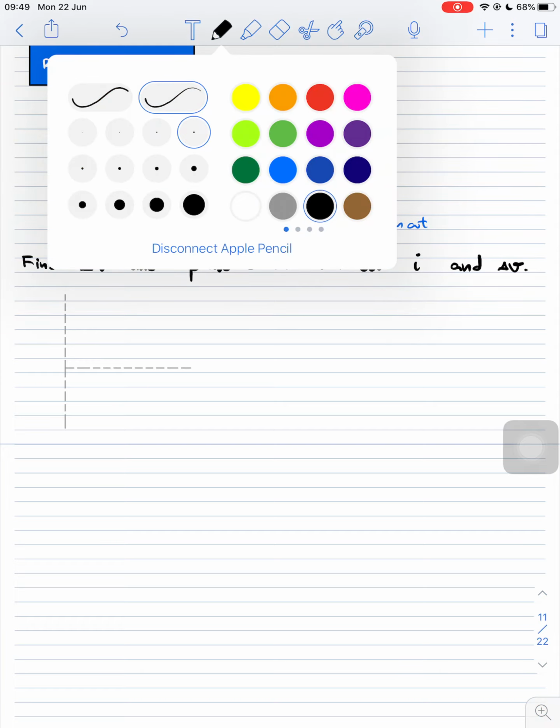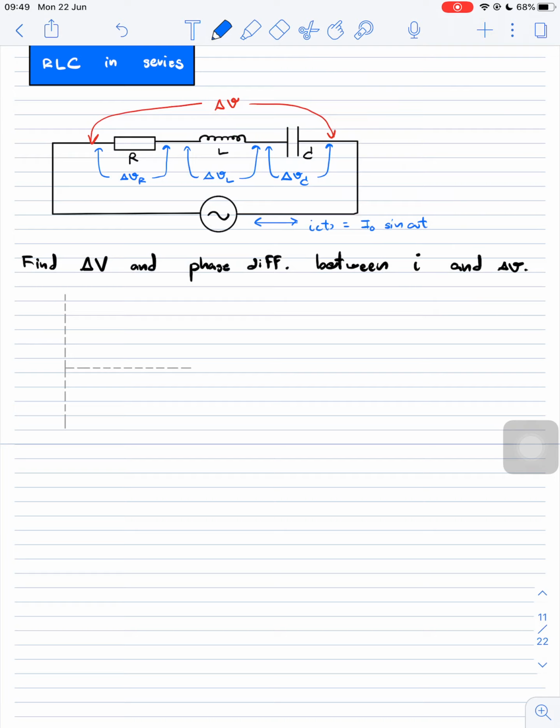Let me use the blue one for the current, the I naught in our case. Let me make it longer.